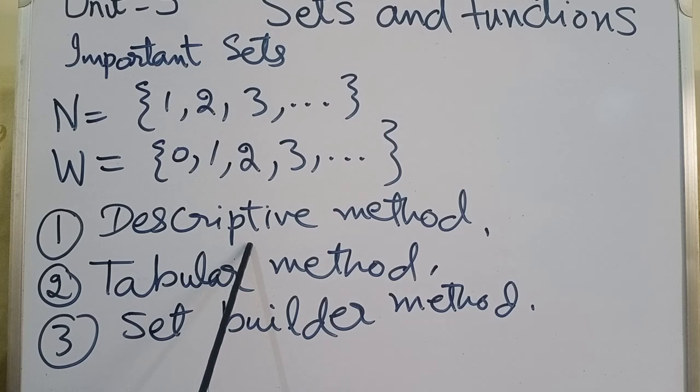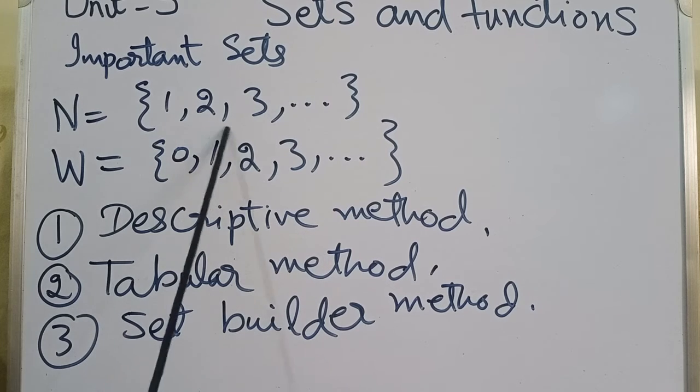In the descriptive method, a set is described by a statement, and in tabular form, a set is described by elements in brackets, just like that.